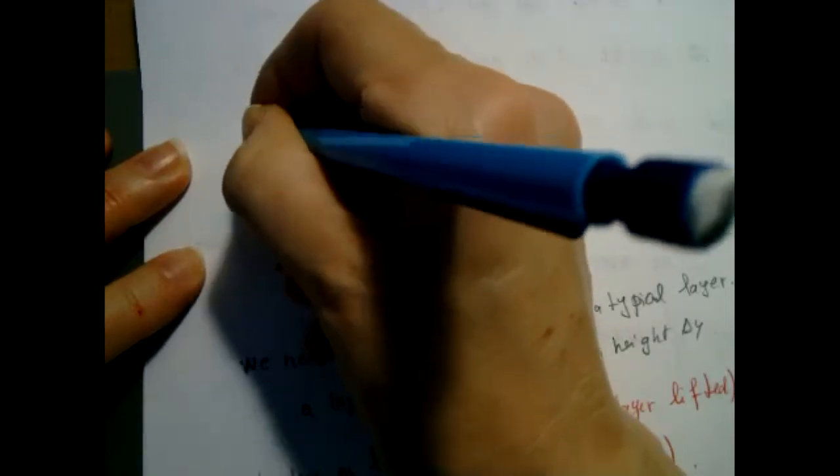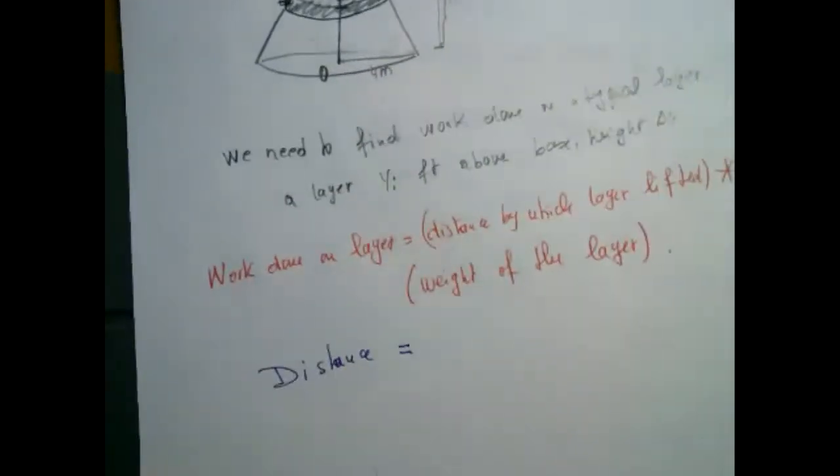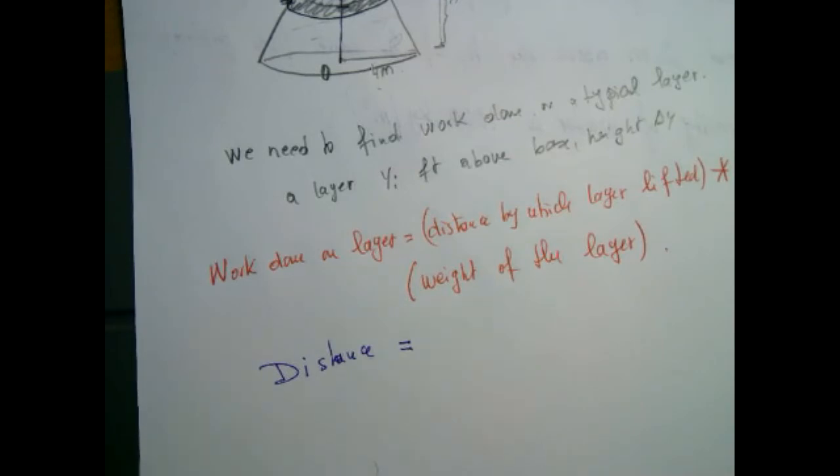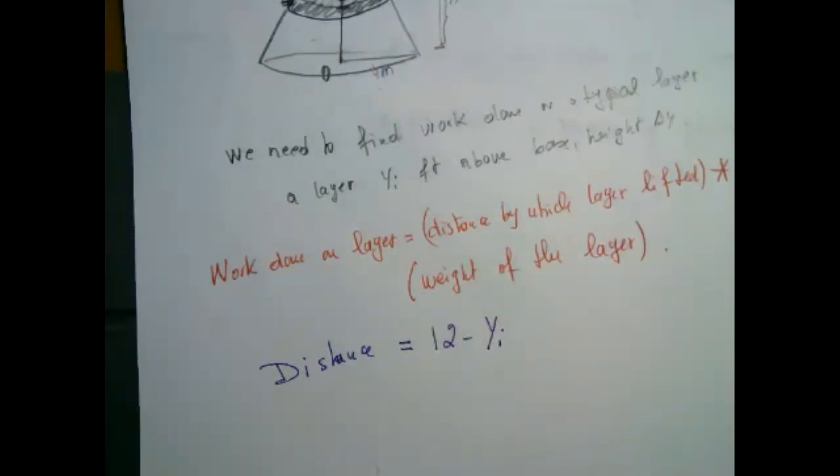So it's going to be lifted from here all the way here, and this is 12 minus yi, because I have to add those 2 meters for the spout. So the distance is 12 minus yi. The distance is not hard. Okay, now the weight.